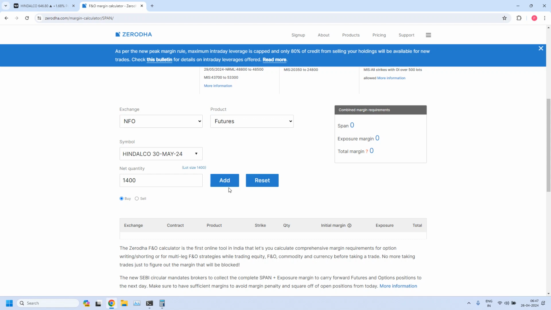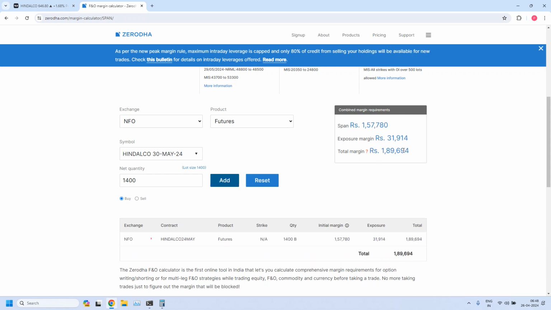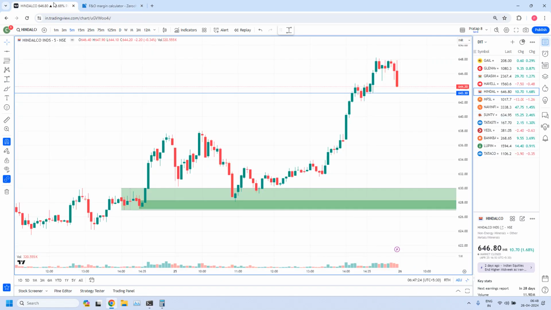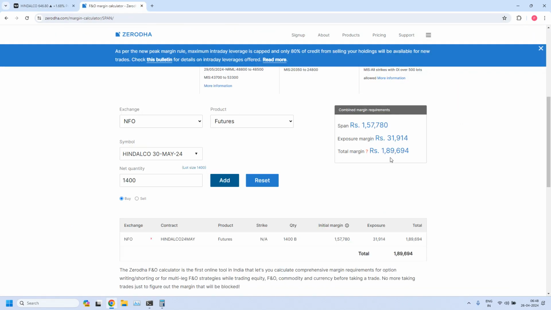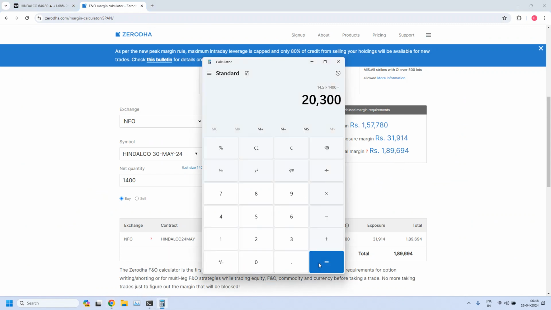What is the cost of one future for Hindalco? 1,89,694. But by the time prices entered, the margin cost would have been less. See, a lot of money is moved. Let me say around 1,85,000 could be the margin cost at that time. Let us assume, these are all rough values.